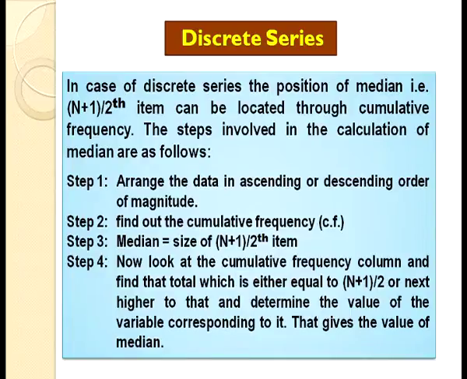Now, you are going to look for this item value in the cumulative frequency, and the value of x which corresponds to it gives you the median value. In step 4, whatever item value we got in the third step, we look into cumulative frequency, and in front of that cumulative frequency, the variable x becomes your median.